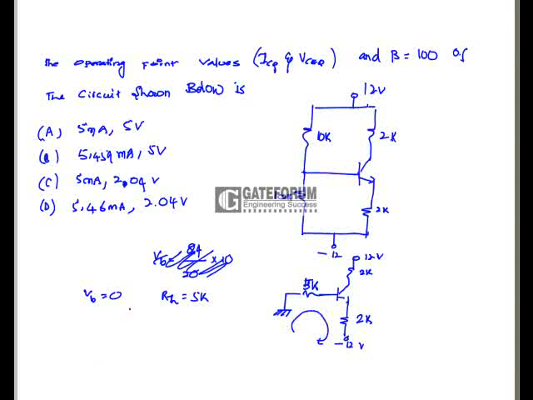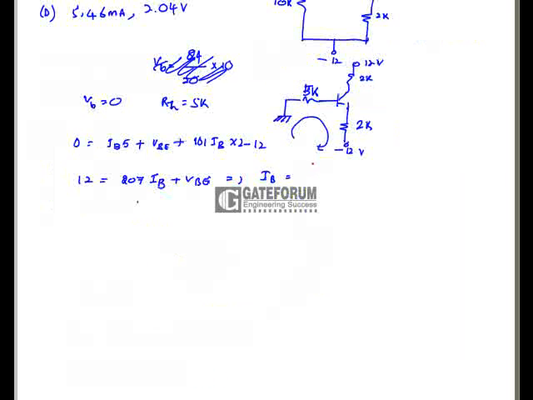So apply the KVL at the input side. 0 is equals to IB into 5 plus VBE, that is 0.7, and 101 IB into 2, plus this is minus 12. So 12 is equals to 207 IB plus VBE, that is IB is equals to 12 minus 0.7 by 207 milliamps.